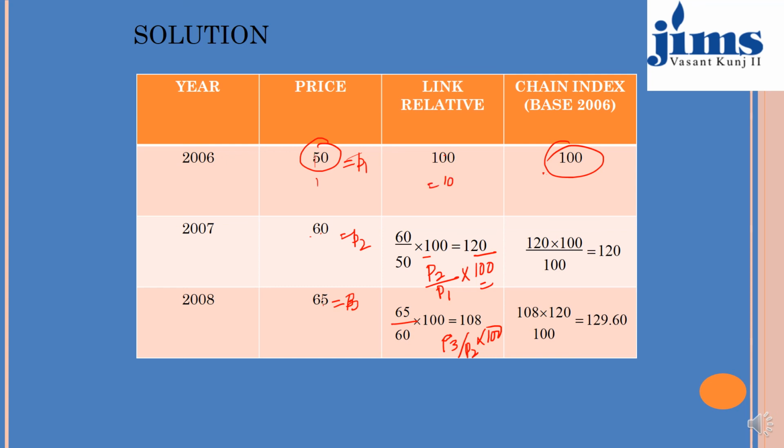When we have found the link relative, thereafter we take 100 into 120 divided by 100, which is equal to 120. Next is 120 into 108 divided by 100, which is equal to 129.60.